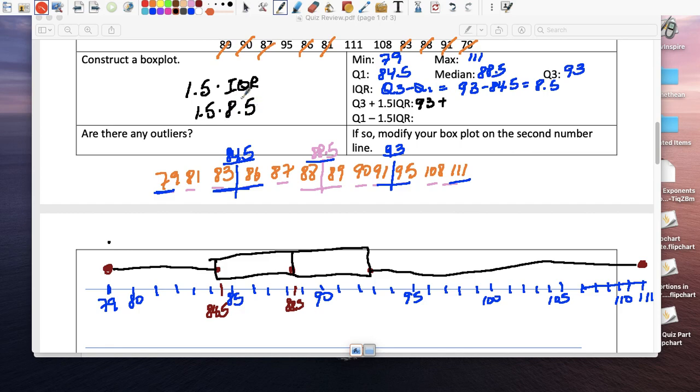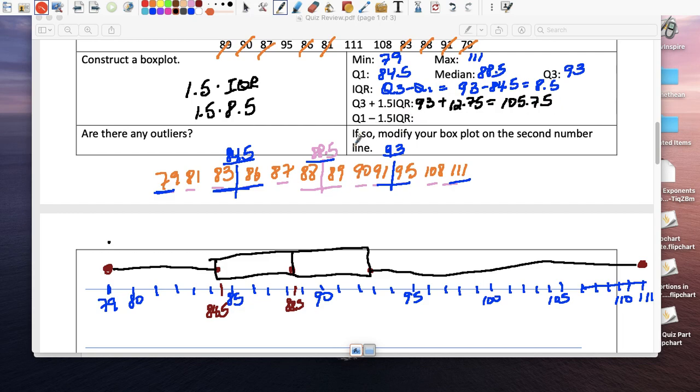Let me just multiply that in a calculator. 1.5 times 8.5 is 12.75. So Q3 plus 12.75 is going to give me 105.75. So anybody above this number is an outlier.